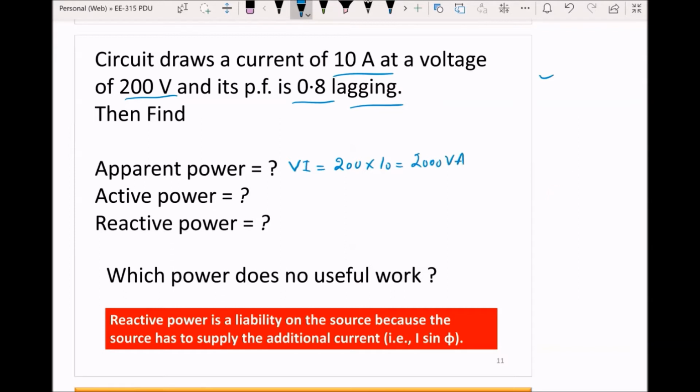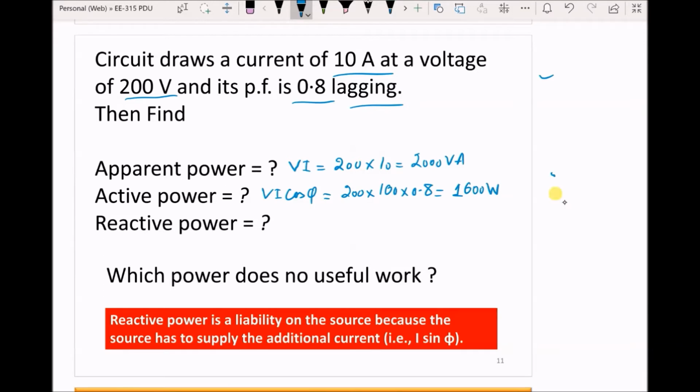And for the calculation of active power, that is going to be equal to VI cosine of phi. So it will be 200 times 10 times 0.8, which is the power factor, equals 1600 watt.